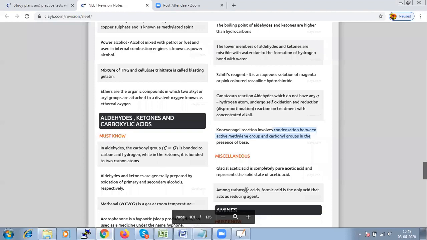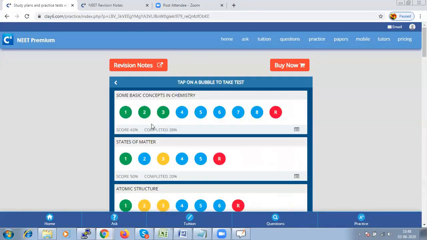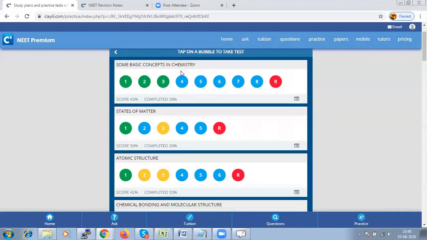So based on our understanding, let us take a test and evaluate ourselves. Here you have different chapters and different subjects available. If you click on chemistry, we have chapter-wise tests, and each bubble represents a test.